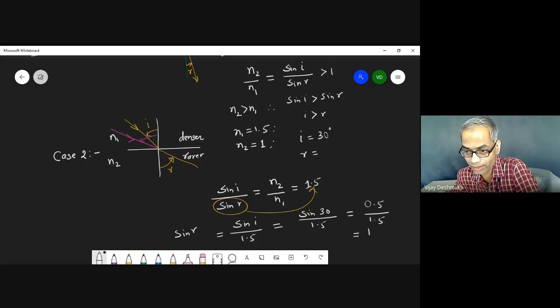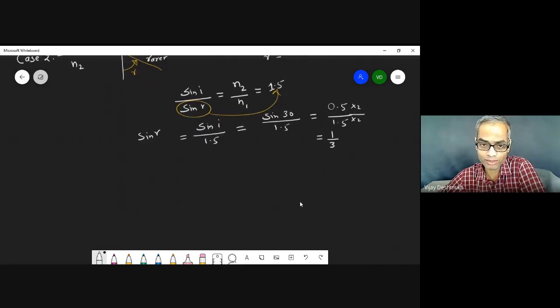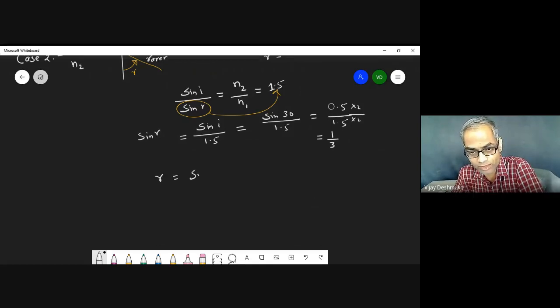How much is it? 1 by 3. Just multiply by 2: this is 1, this is 3. So 1 by 3 is 0.33. Now you can use the calculator simply and find the value of r. r equals sin inverse 1 by 3.